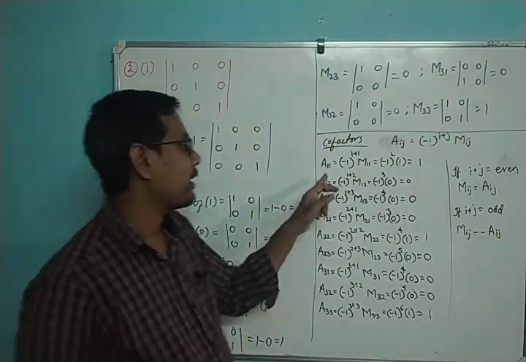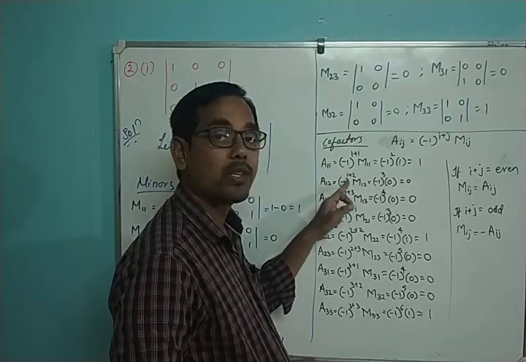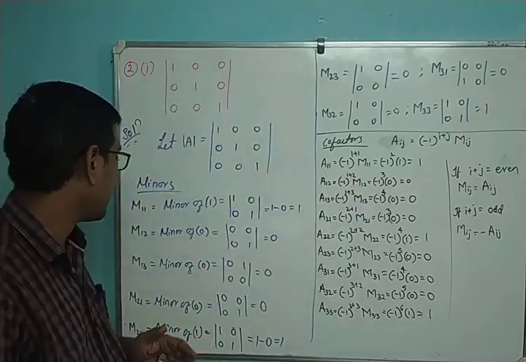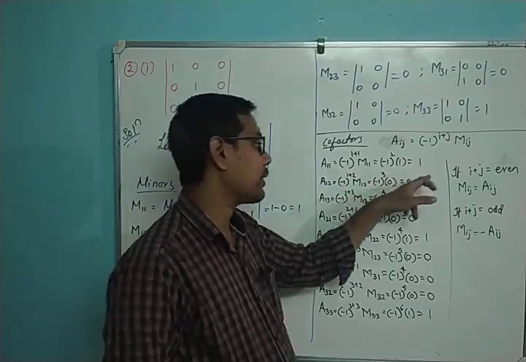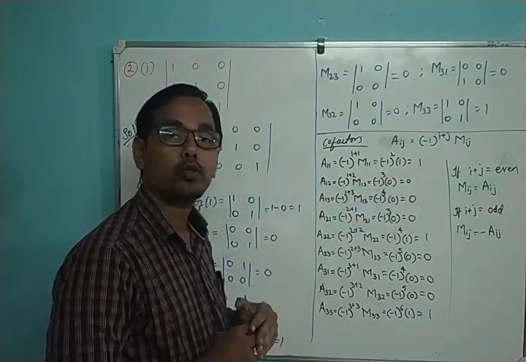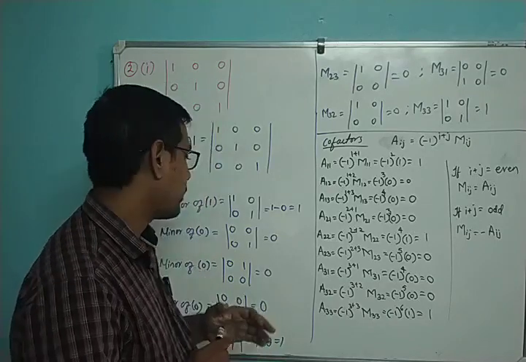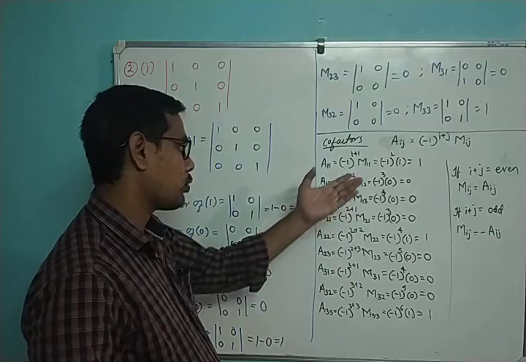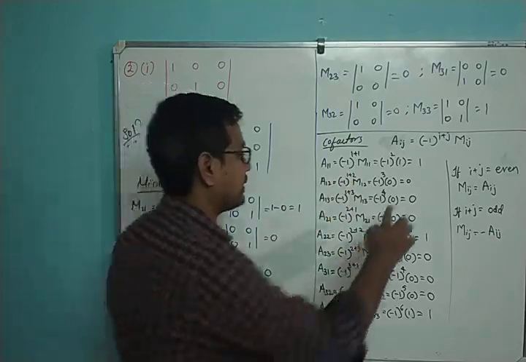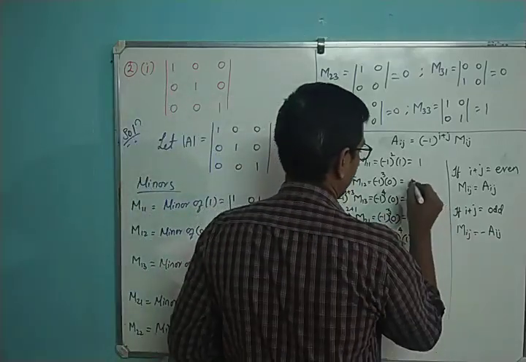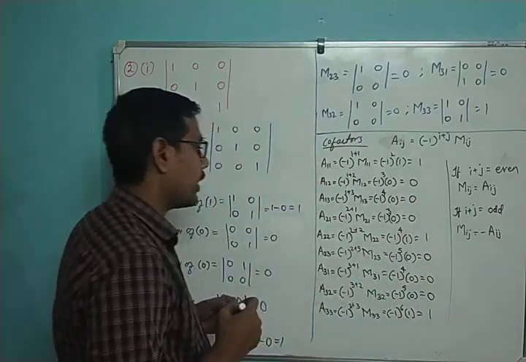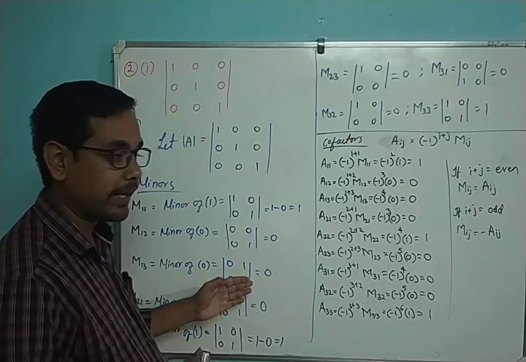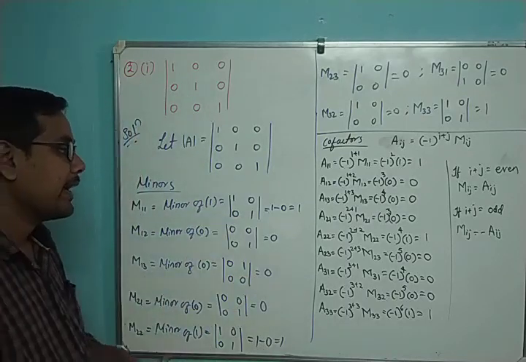See, 1 plus 1 in case of A11, i plus j is what? Even. So M11 should be equal to A11. M11 is 1, A11 is 1. In case of 1 plus 2, it is odd. So it should be negative. M12 should be minus A12. So 0, 0, you can consider that. Okay. So M13, 1 plus 3 is even. So M13 should be equal to A13. 0 and 0, they are there.